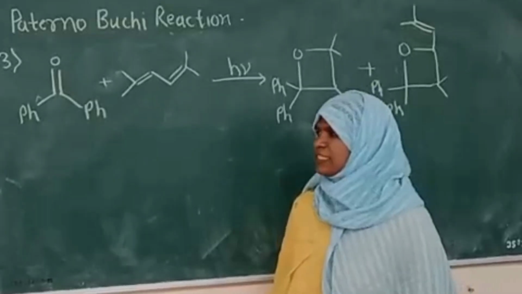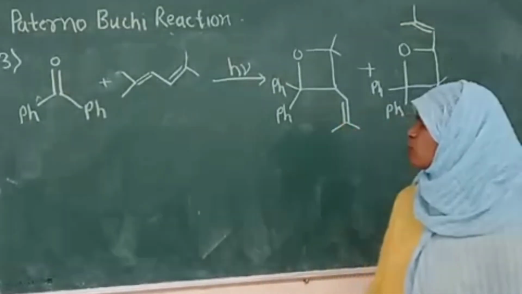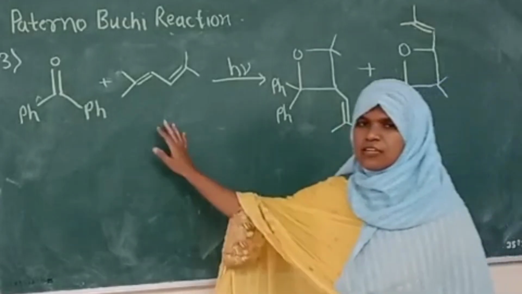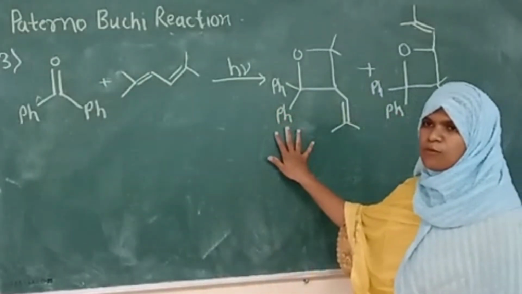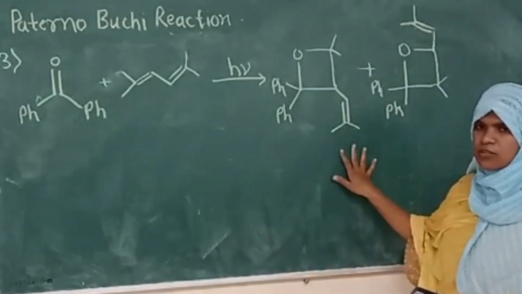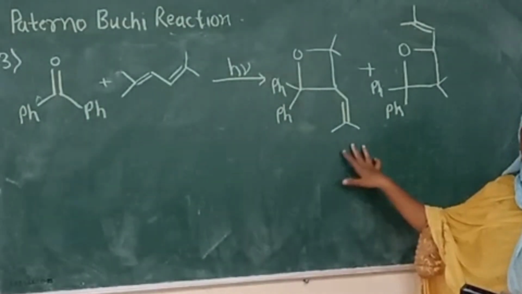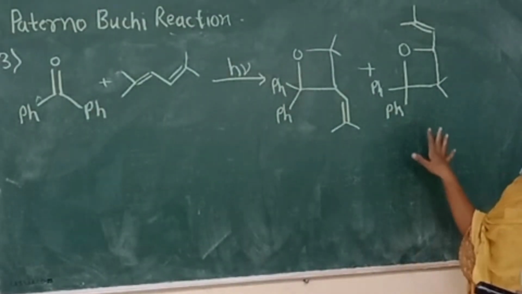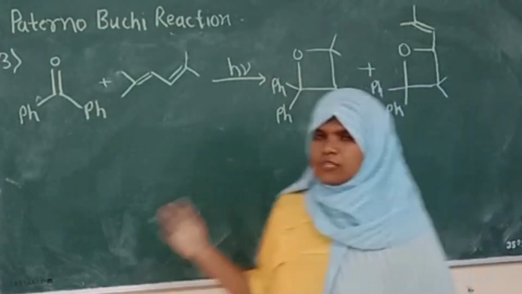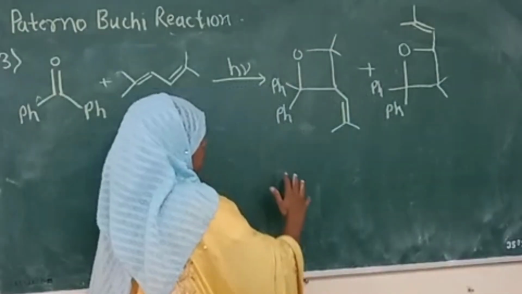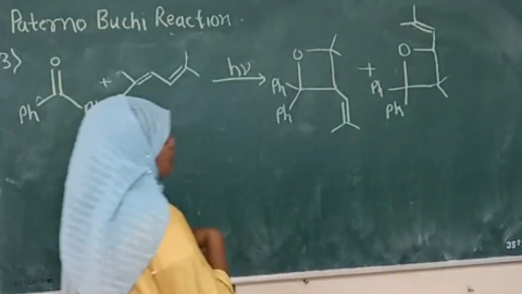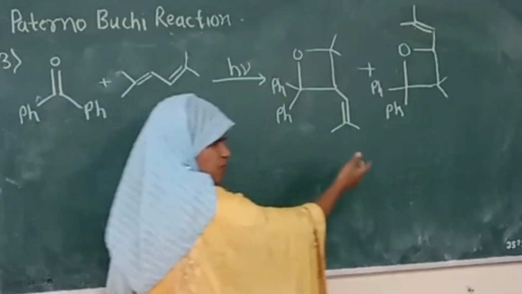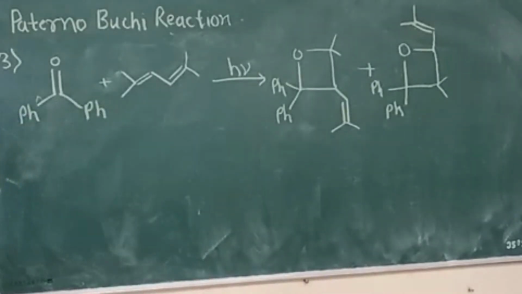Okay, let's see the third example of the Paterno Buchi reaction. In this reaction, two products are possible. Which product will be major and which will be minor? How can we decide? First, we go through the mechanism. What will be the major product, and how are both products formed? Let's see the mechanism.